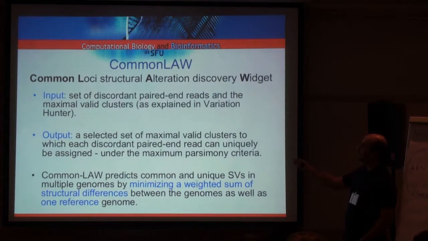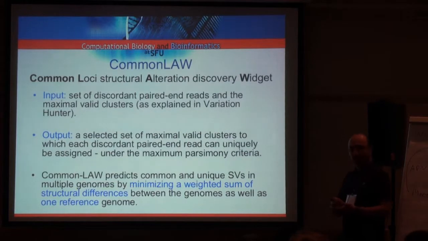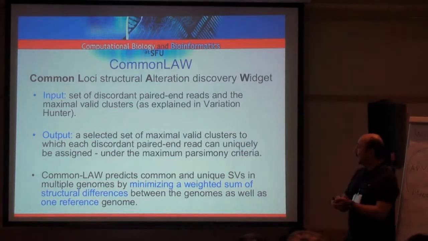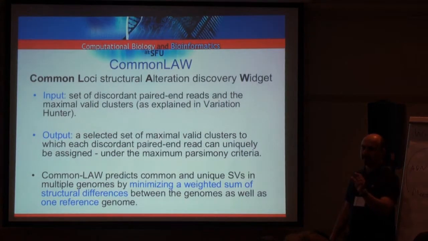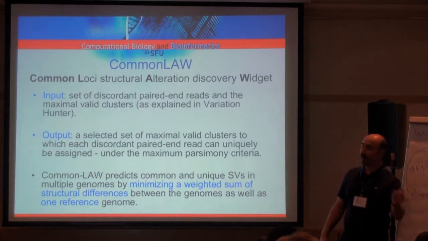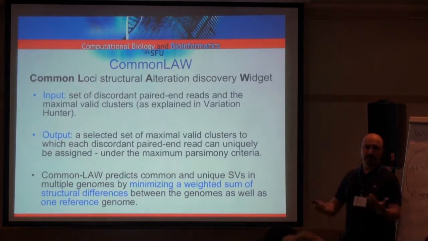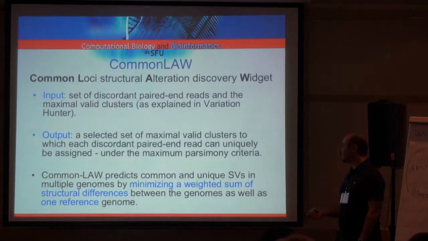We have a set of those discordant pairs and reads from donor genome A and donor genome B. And then we try to cluster them as much as possible together, such that we focus on those clusters that include reads from both donor genome A and donor genome B. So we have to change the general approach a bit.